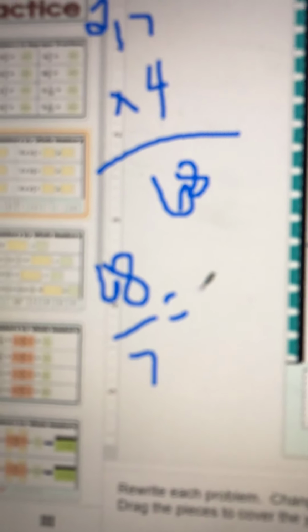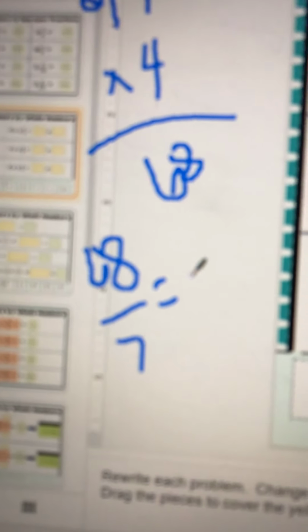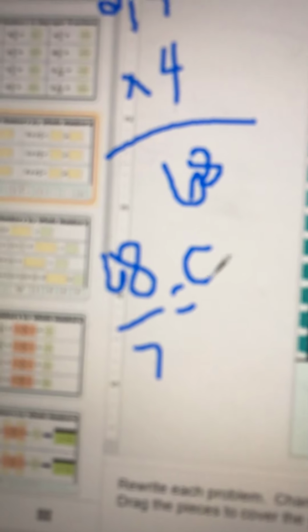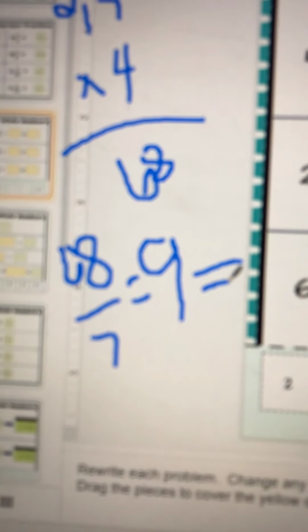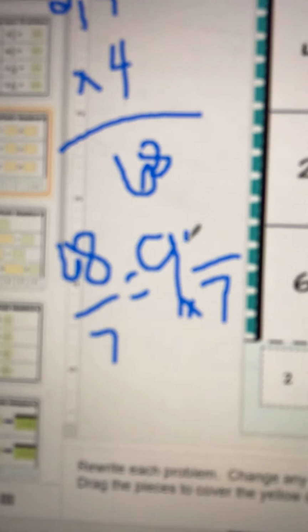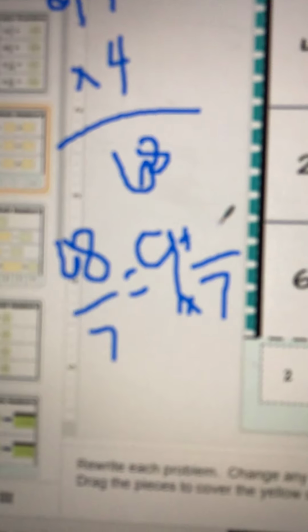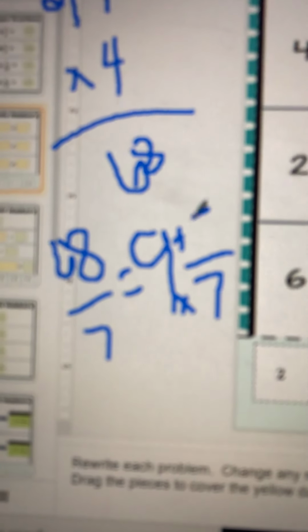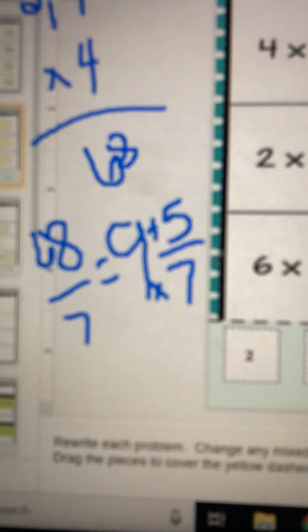How many times will 7 go into 68? 9, because 9 times 7 is 63. Then I put a denominator, and I know that 9 times 7 is 63. So 63 plus what will give me 68? If you said 5, that is correct. So in all actuality, your answer would be 9 and 5/7.